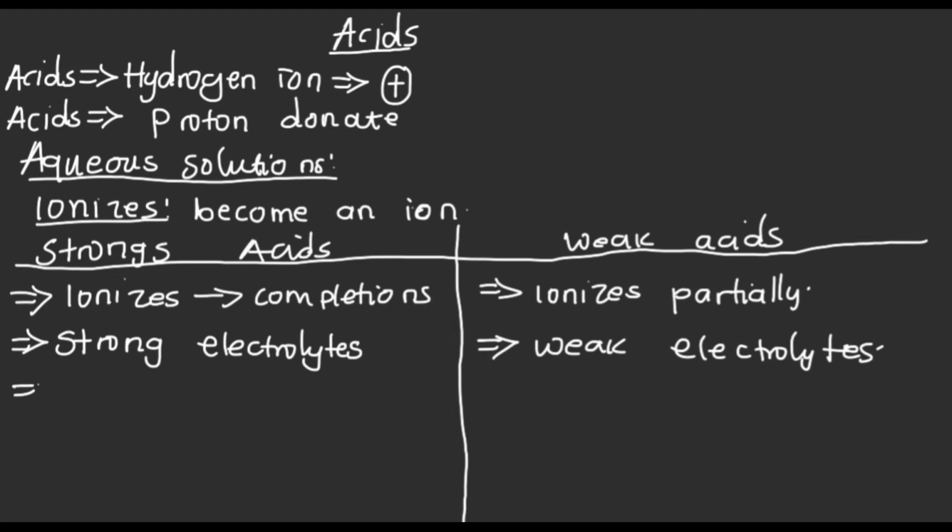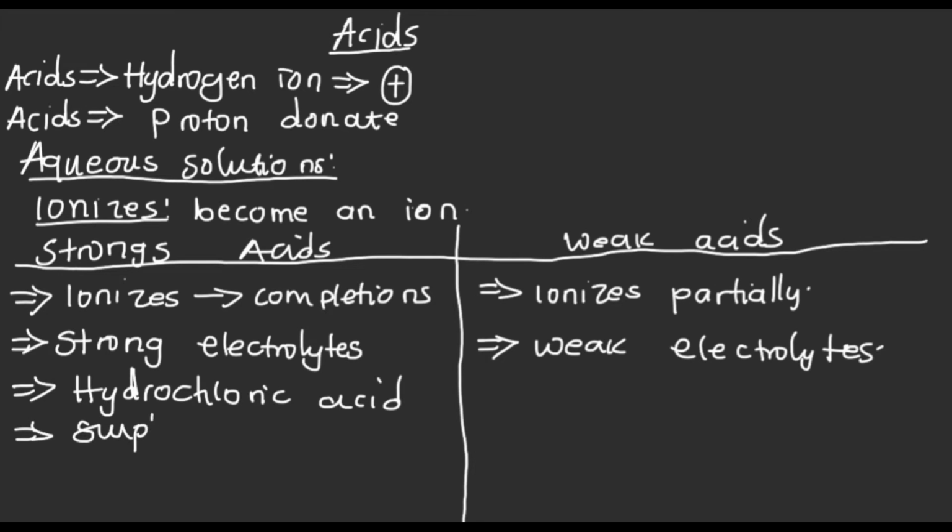Then examples of strong acids: we have hydrochloric acid, the second one is sulfuric acid, nitric acid, and we can just say that most of the acids where the ion with a negative charge comes from a group 7 element, such an acid is considered to be strong.